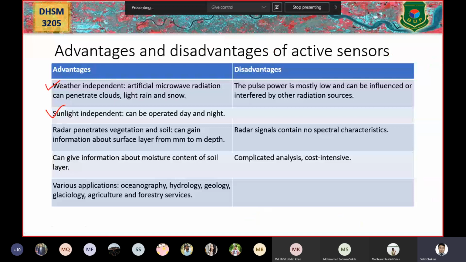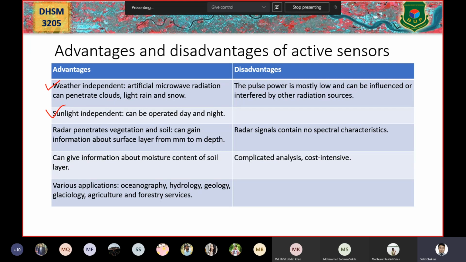As a result, the energy that you send can get interfered with by other radiation sources, because there are also multiple energy sources on the ground or somewhere else that are emitting energy in the same wavelength.